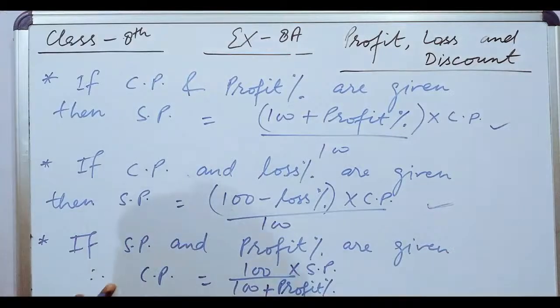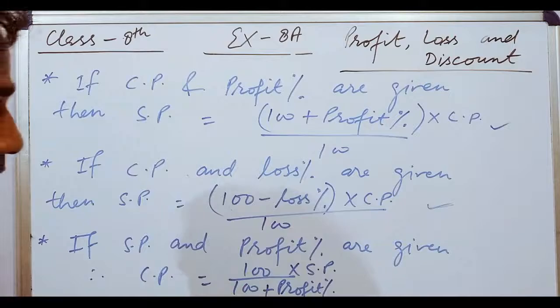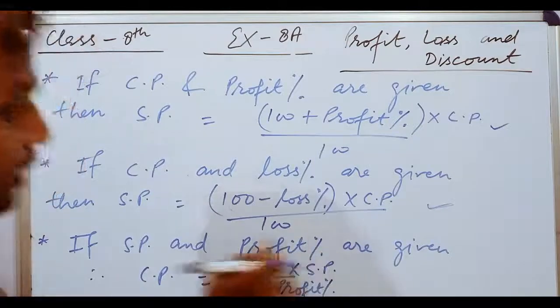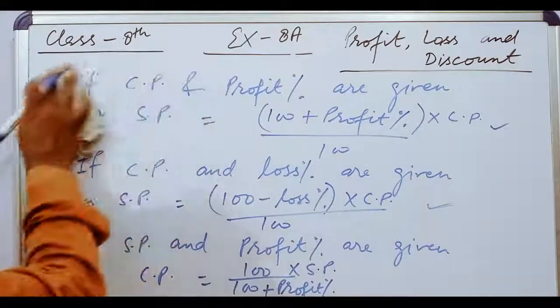And if we want to find CP, if SP and profit percent are given, then CP equals 100 upon (100 plus profit percent) into SP.